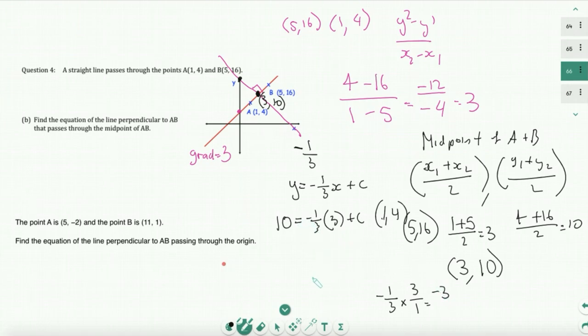Even though it's negative 1/3, I like to put the negative on top, so it looks like this: negative 3 over 3. Negative 3 divided by 3 is negative 1. So 10 equals negative 1 plus c. Negative 1 plus something makes 10, so c must be 11. So the equation of our line is y equals negative 1/3 x plus 11.